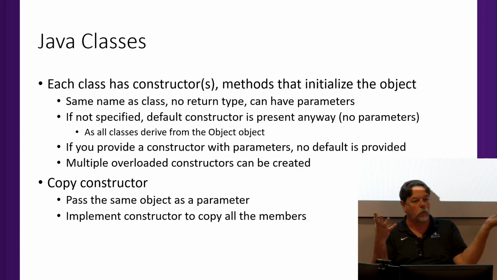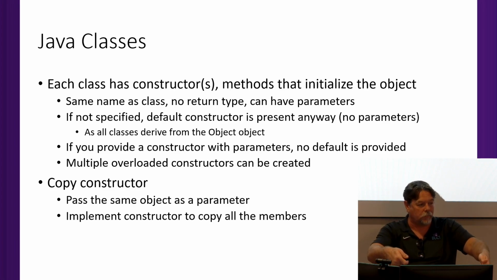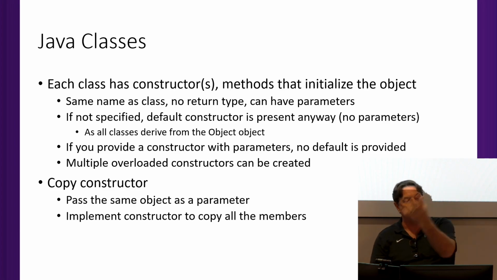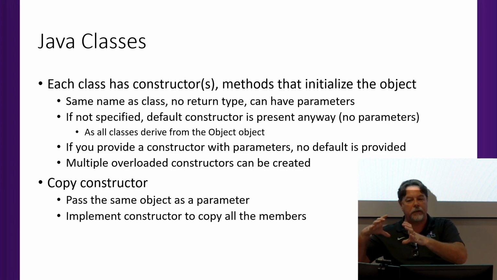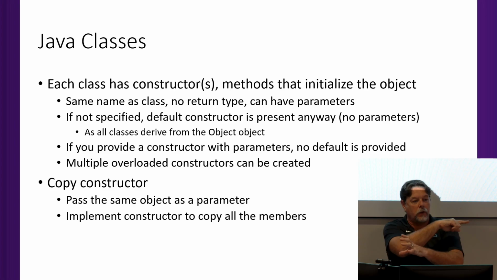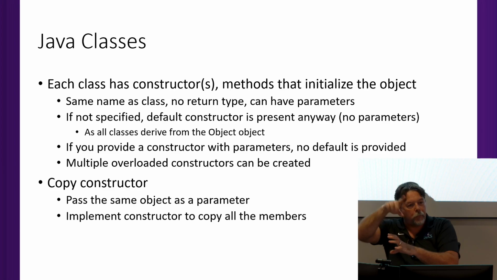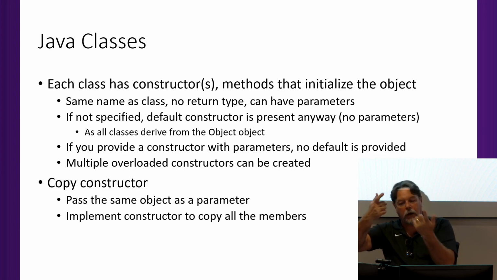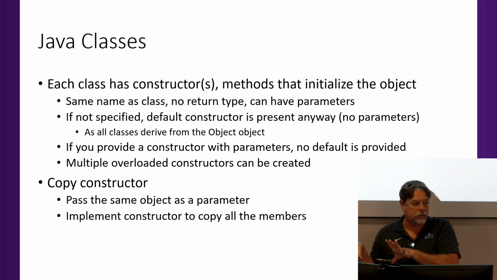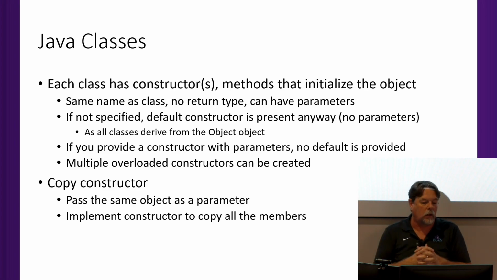So you have a constructor that takes a reference to itself, and you pass a reference to another object instance, and it says, okay, I'm creating myself as this new instance, and you gave me a reference to another one, so I'm just going to go to each member, each property in the other object, and I'm going to copy those values to my instance. So that's why they call it a copy constructor. But you have to implement it, there's no magic to it.